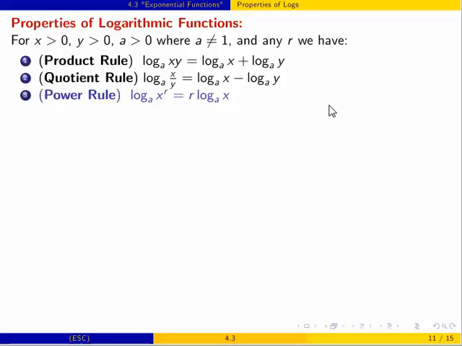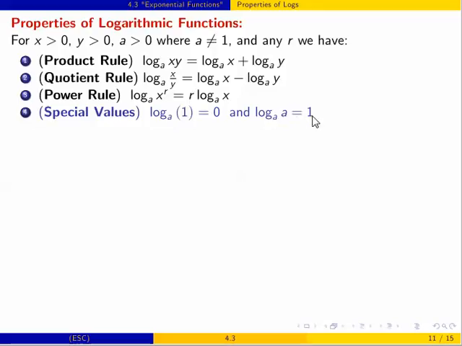The next property, property 4, is for when they ask you to simplify all the way through. Then you need to know that the logarithm function of 1 is always 0, and the logarithm evaluated at a, when you plug in the base a, with a logarithm of base a, equals 1.